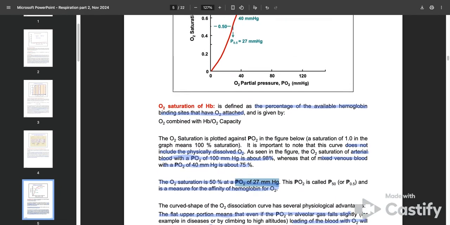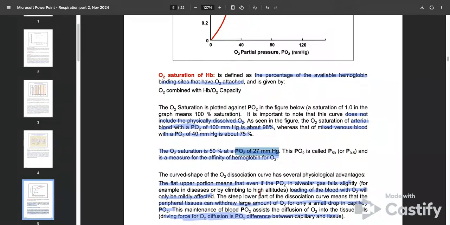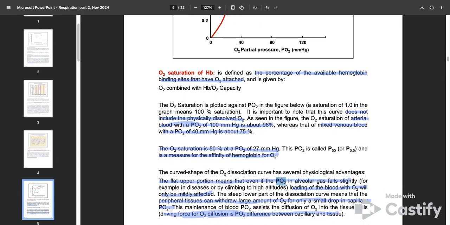The curved shape of the oxygen saturation curve has several physiological advantages. The flat upper portion means that even if the partial pressure of oxygen in alveolar gas falls slightly, the loading of the blood with oxygen will only be mildly affected. And this is what I was trying to say earlier.